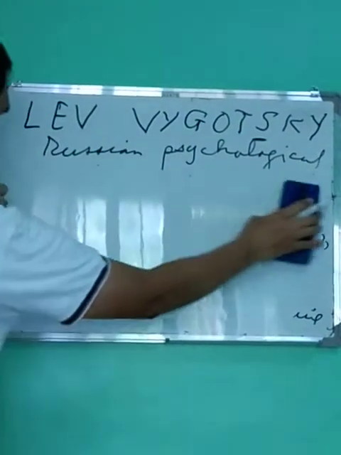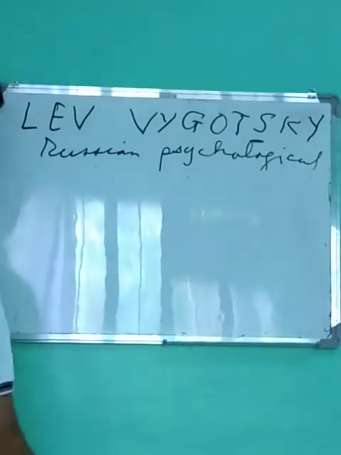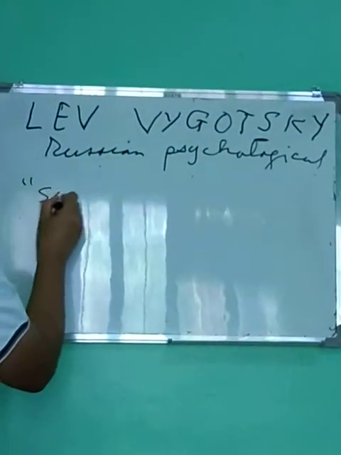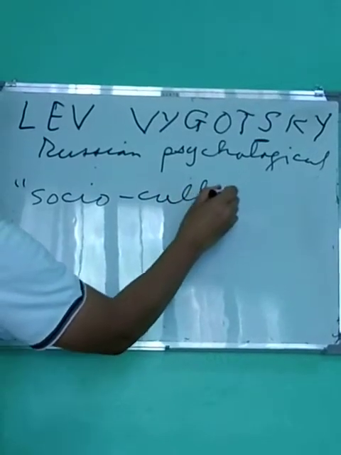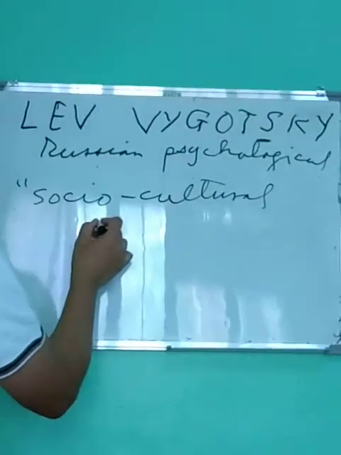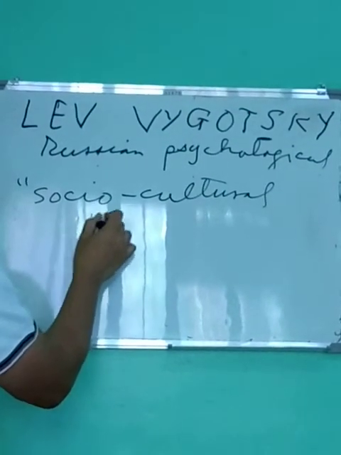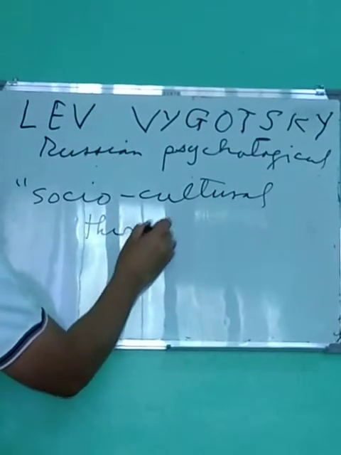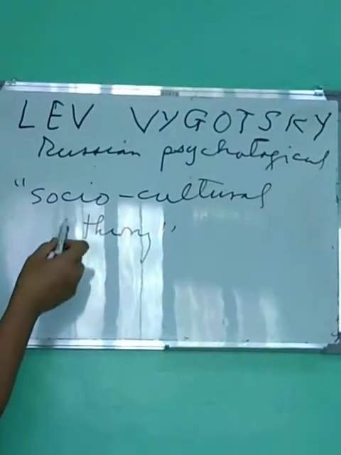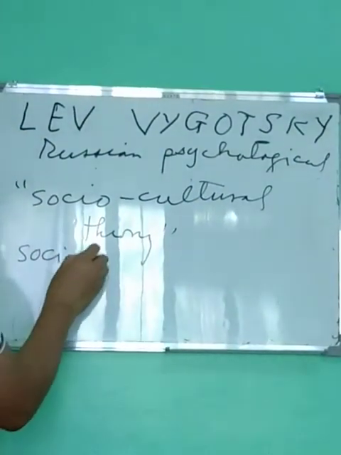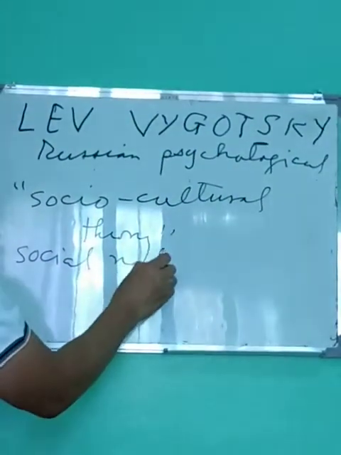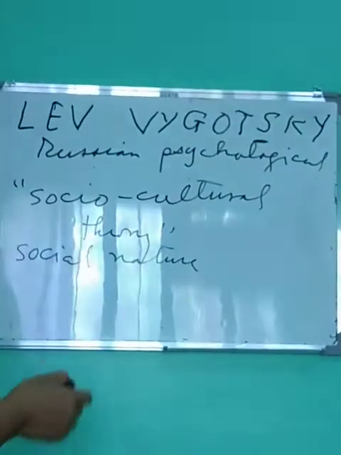But of course, as I told you earlier, Vygotsky's famous theory is the socio-cultural theory. Socio-cultural because Vygotsky believes in the social nature of learning, like what is being done today with online learning.